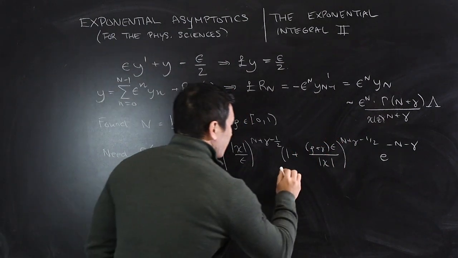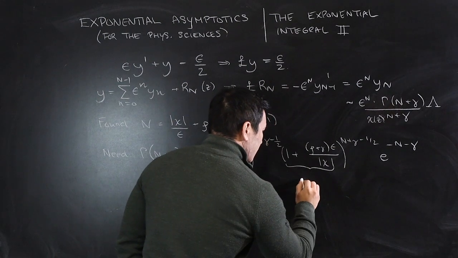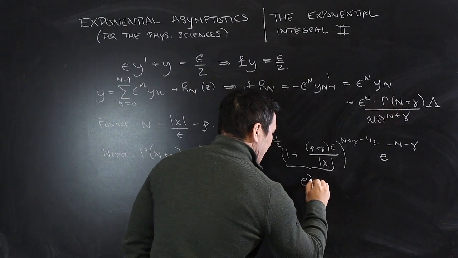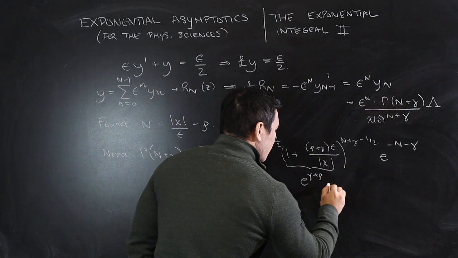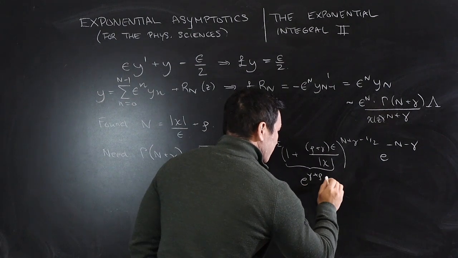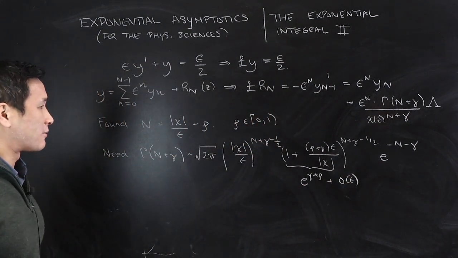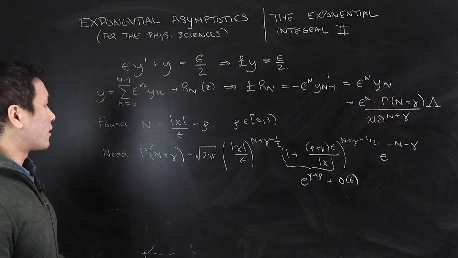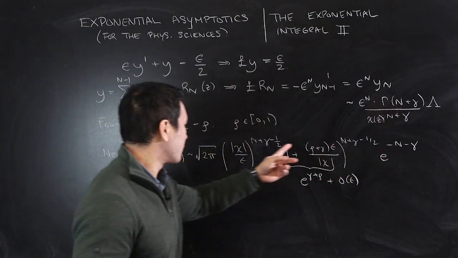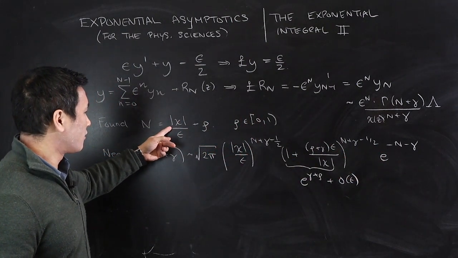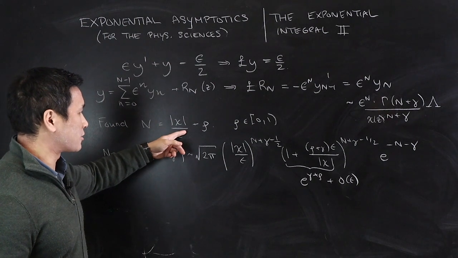Now this quantity here is actually e to the gamma plus rho plus order epsilon. So that can be simplified. And remember that n is basically this quantity here, mod chi over epsilon plus rho.